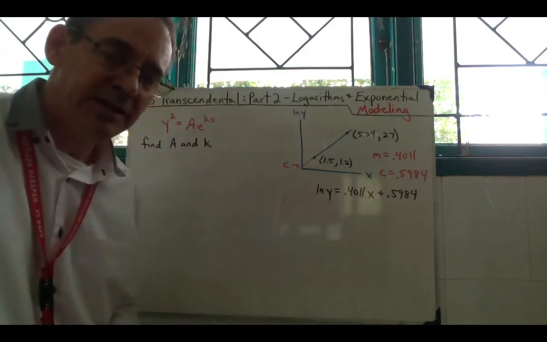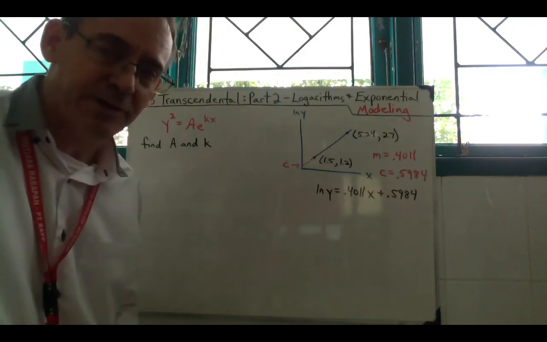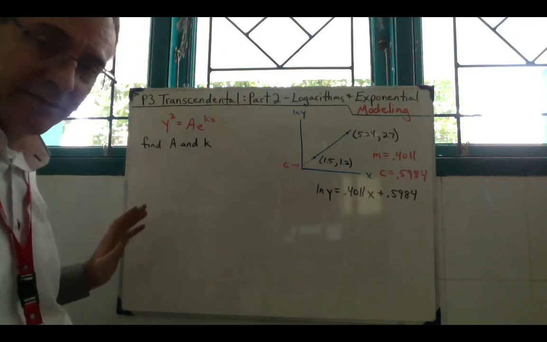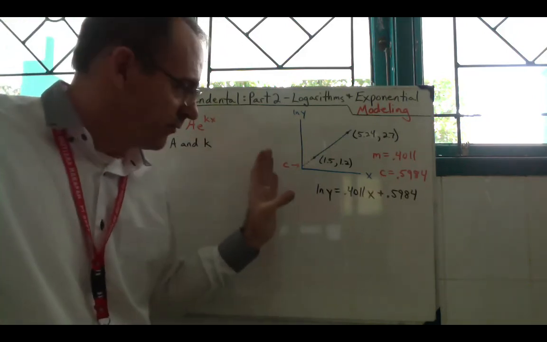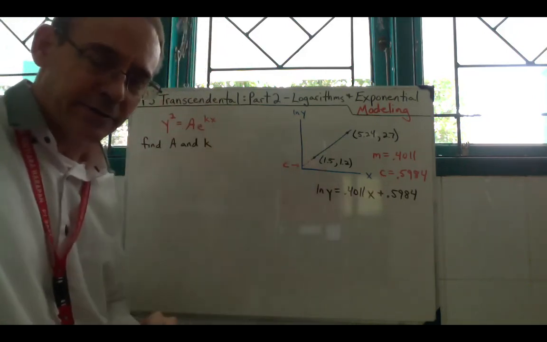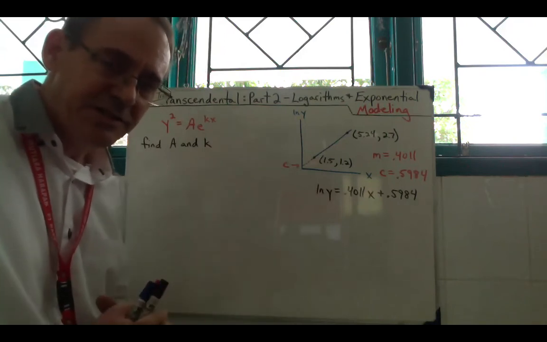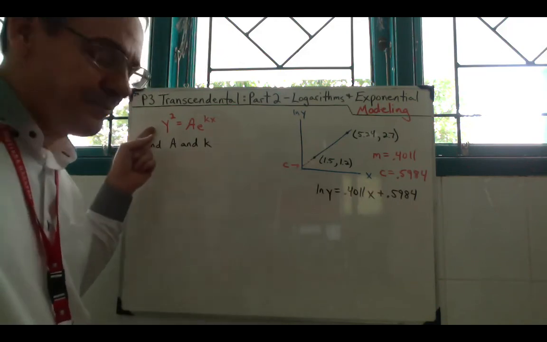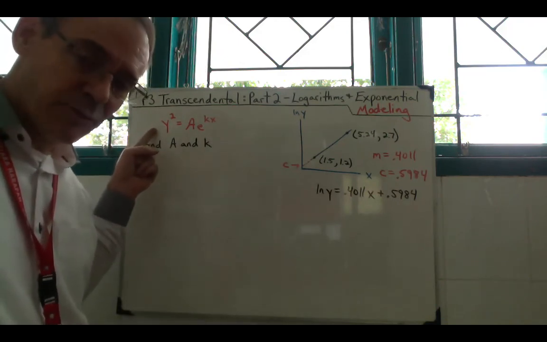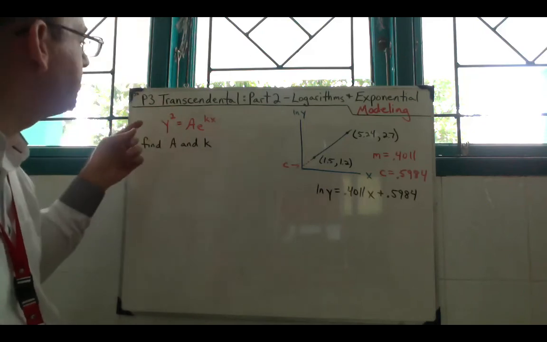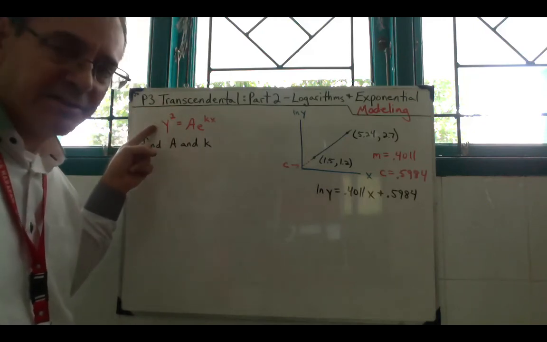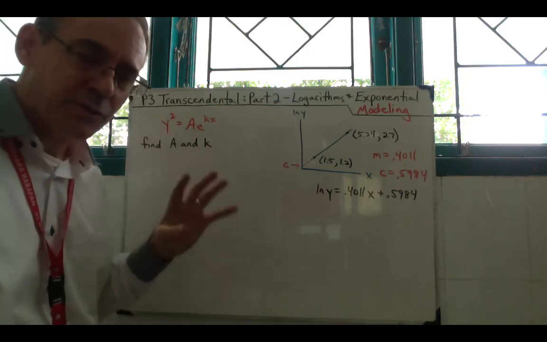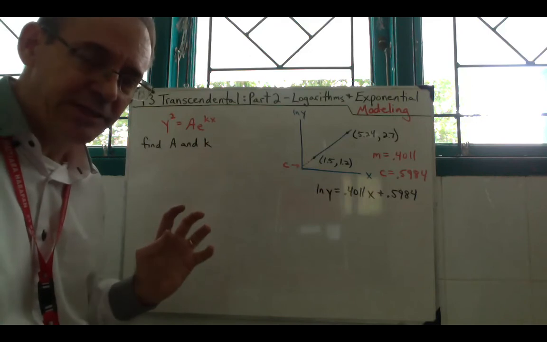And if you noticed in the first example that we looked at, even though I had done from the model to the line on the side, we actually worked from the line to the model. There is a situation here that you should be aware of. Normally, your model is y equals. In other words, y is the subject. In this model, y is not the subject yet. It is a y squared. So there's going to be a little bit of an issue here.